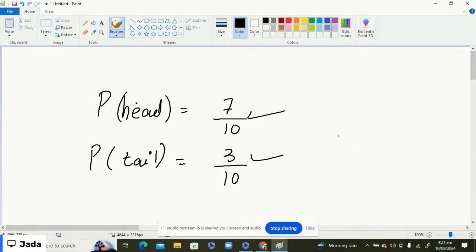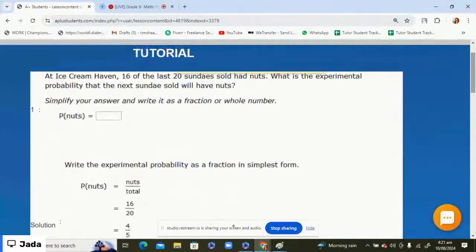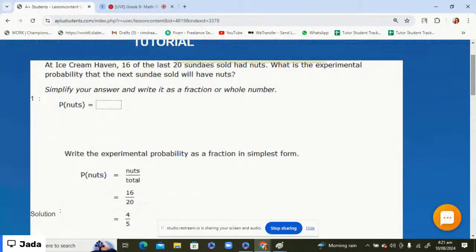Now let's discuss the questions. Hope you guys understand the definition. At Ice Cream Heaven, 16 of the last 20 sundaes had nuts.